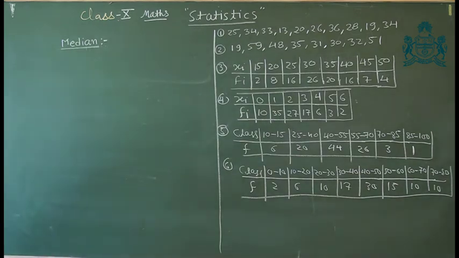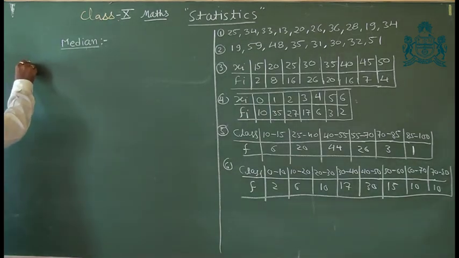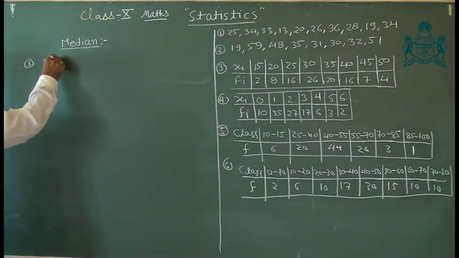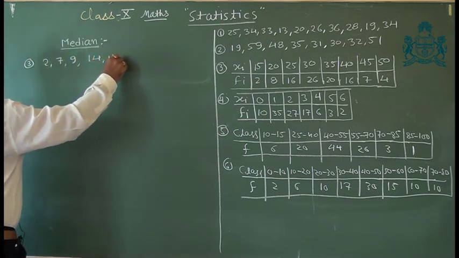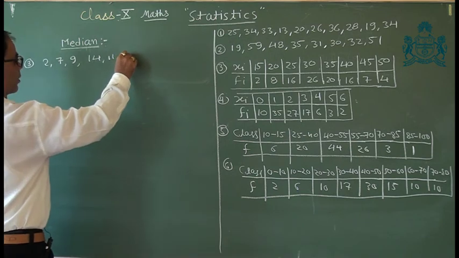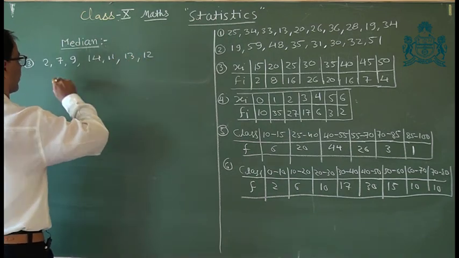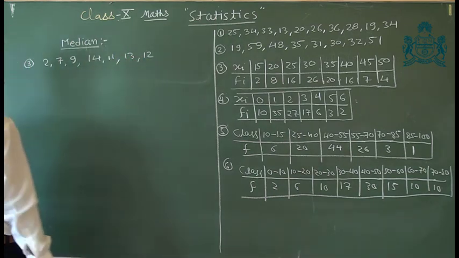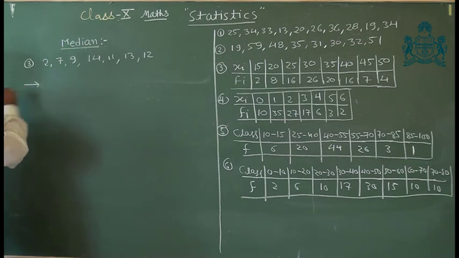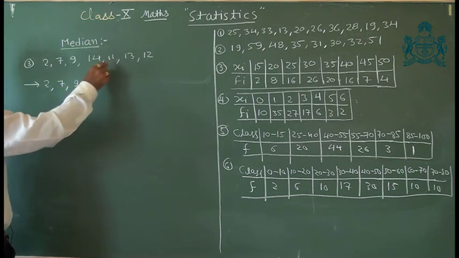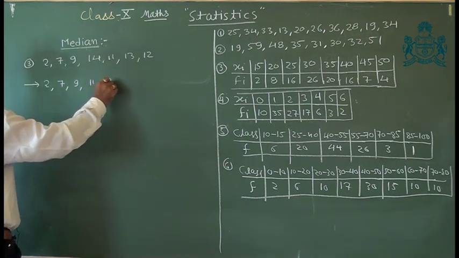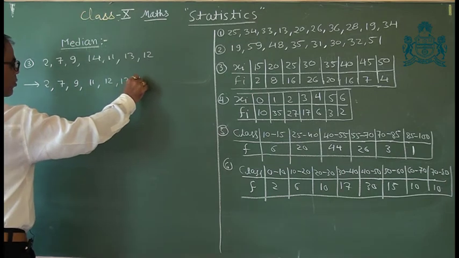Odd observations, third question: 2, 7, 9, 14, 11, 13, 12. Arrange in ascending or descending order. Minimum value 2, next 7, next 9, 11, 12, 13 and 14.